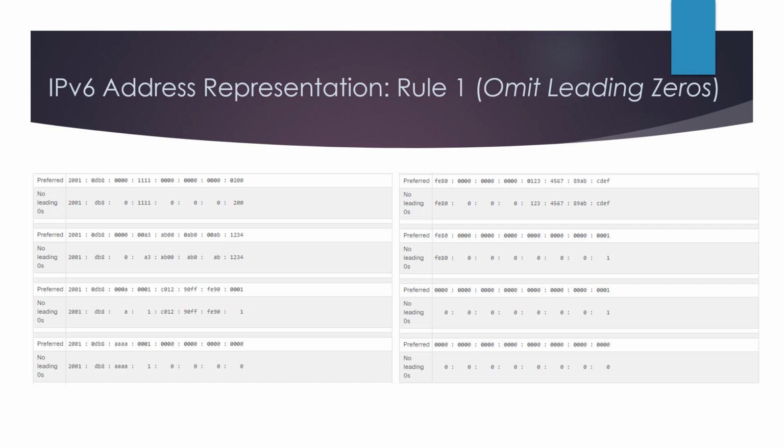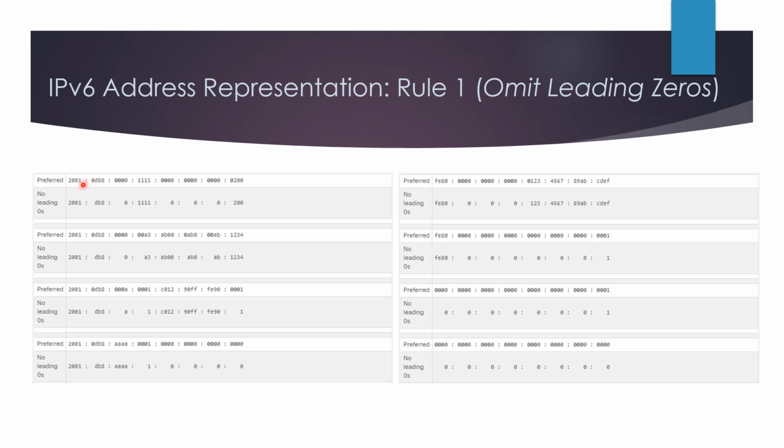By using this rule, here are listed some IPv6 addresses, how they are written, so the type and the format, and with no leading zeros, how they will be written.